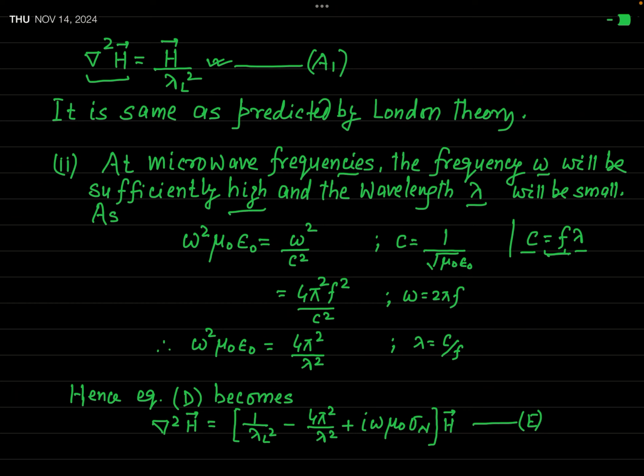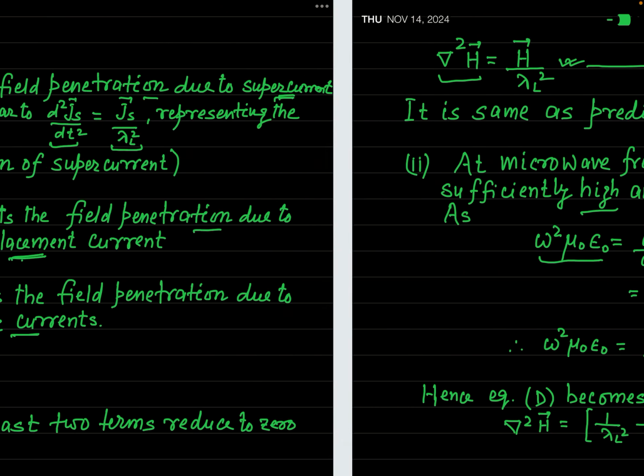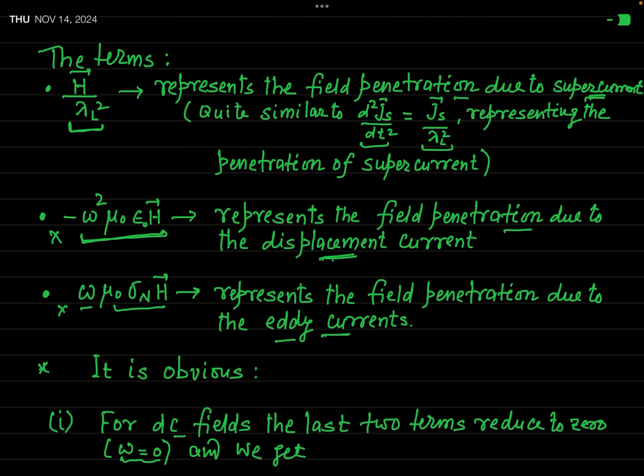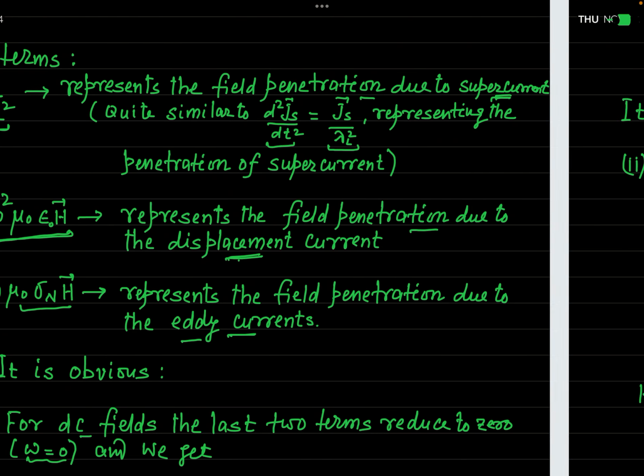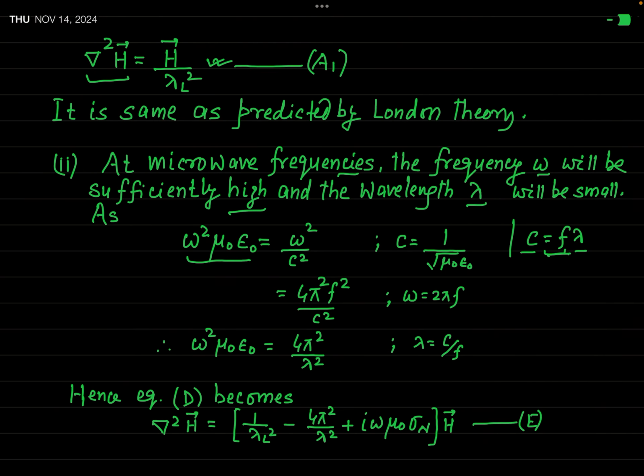In that condition, what will be this factor? You can see this omega square mu naught epsilon naught. We are talking about this factor. Actually, the speed of any electromagnetic wave in free space, c, is equal to 1 over the square root of mu naught epsilon naught. So mu naught epsilon naught will be simply 1 over c square. So this is equal to omega square over c square.